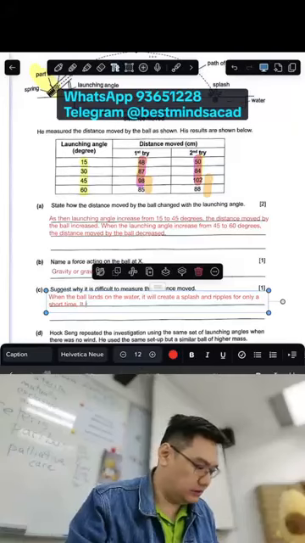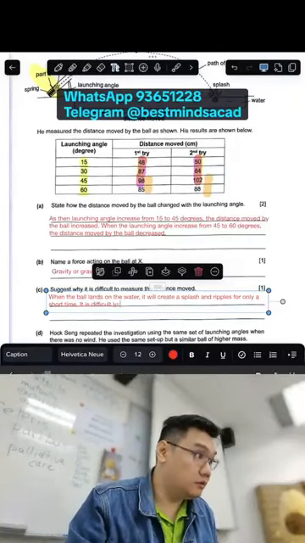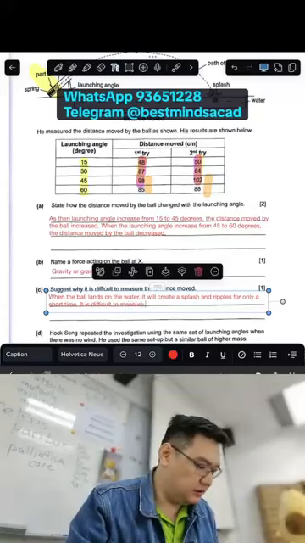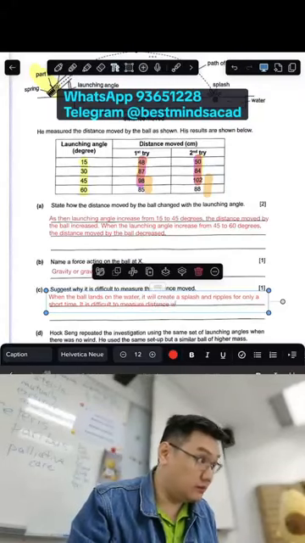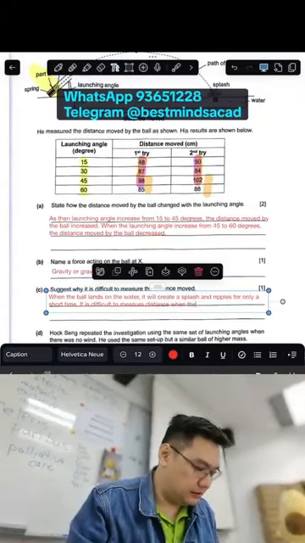It is difficult to measure distance when the splash is temporary.